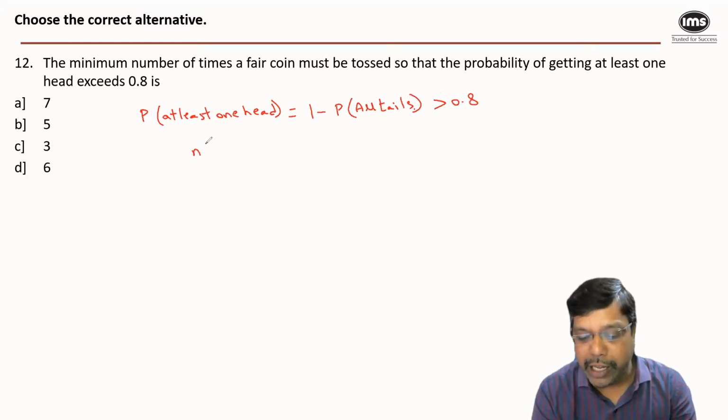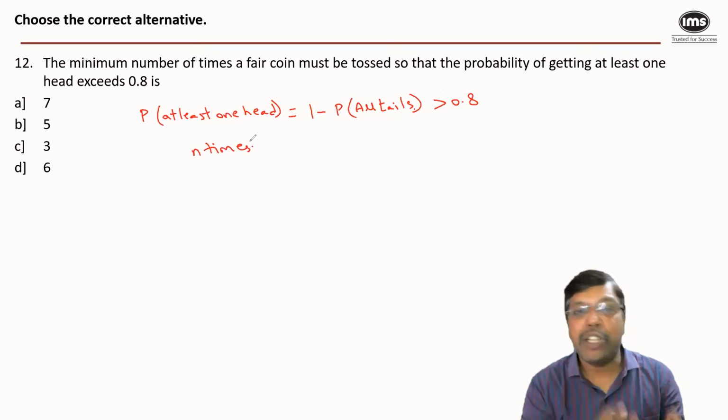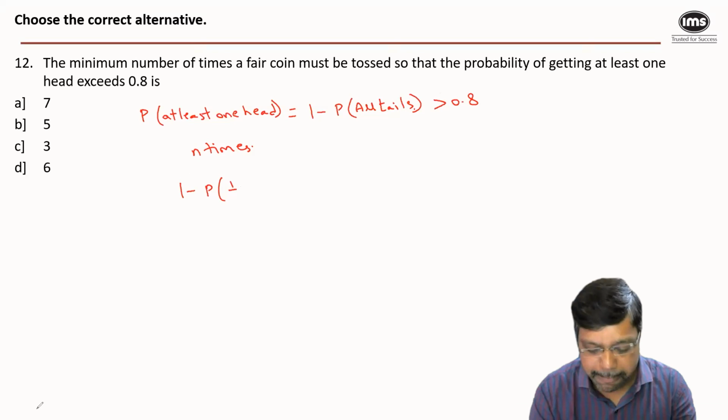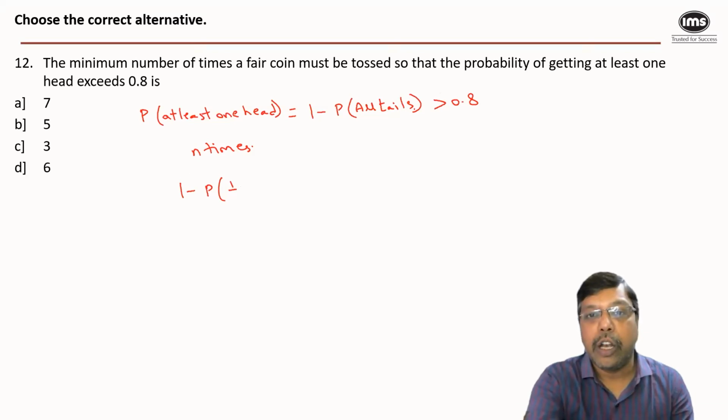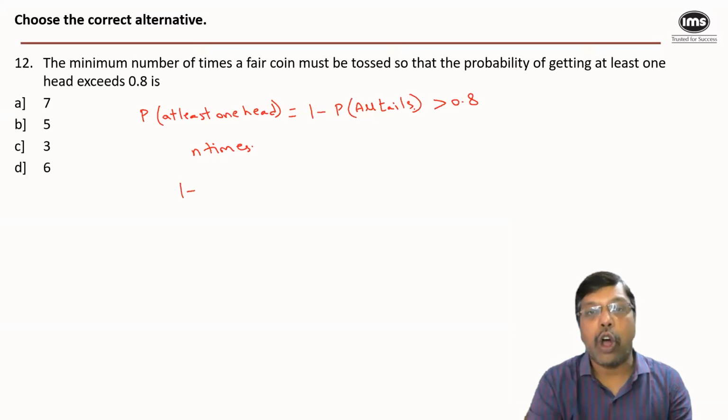Suppose if the coin is tossed n times, then the probability that every time it shows a tail is 1 by 2 whole power n. Now, probability of a tail showing up when a coin is tossed once is 1 by 2.